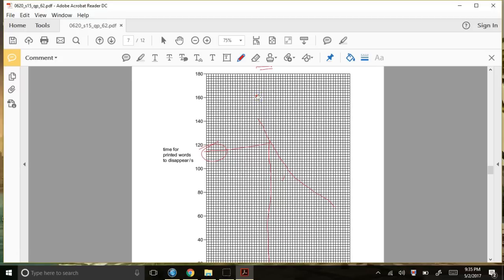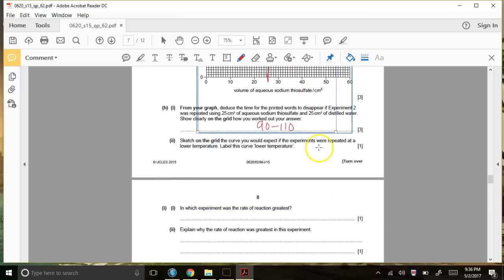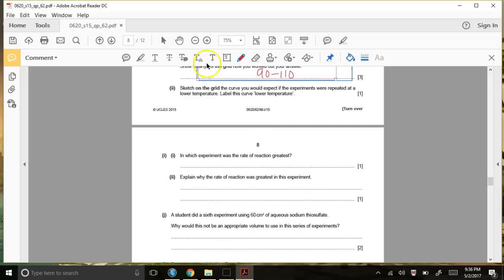It's going to take more time, and then of course it'll have the same kind of gradient, but you have to highlight the fact that it's going to take up more time. So the start has to be higher up, and it moves away from the y-axis. That's the important thing there. Okay, so that's the answer for that question.